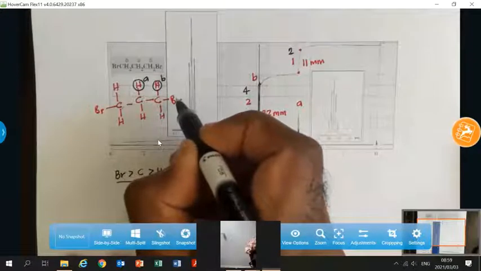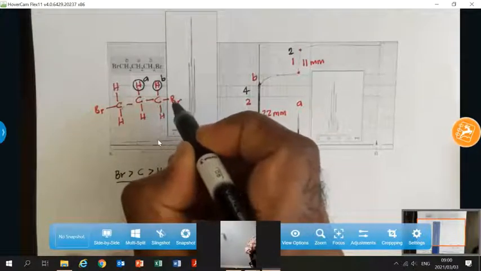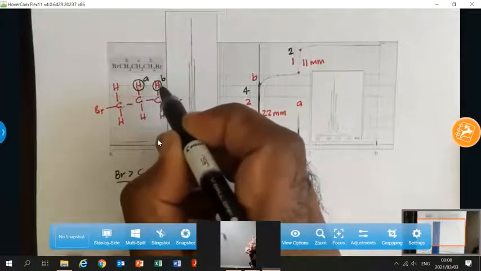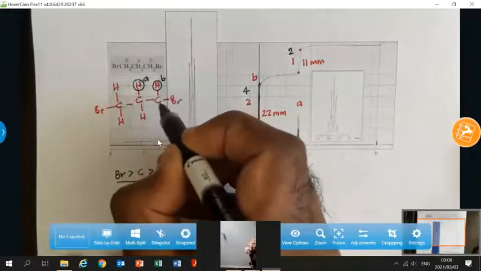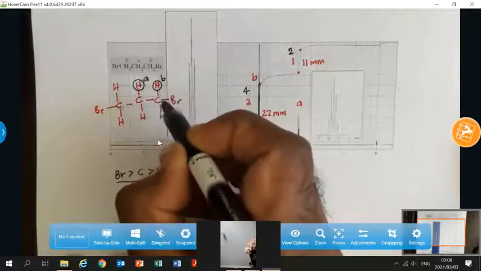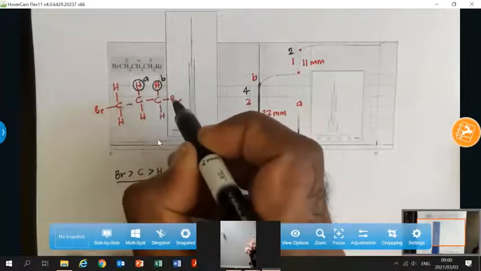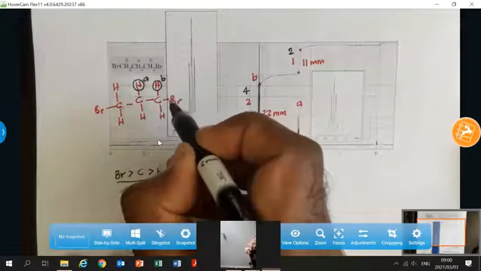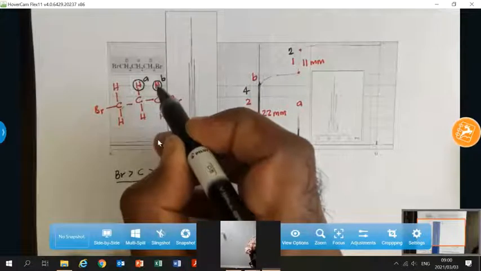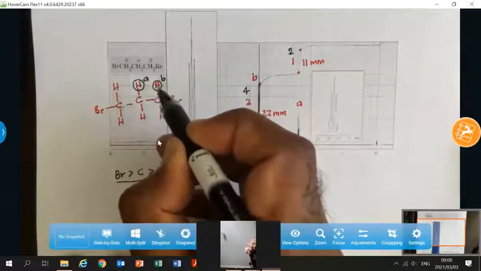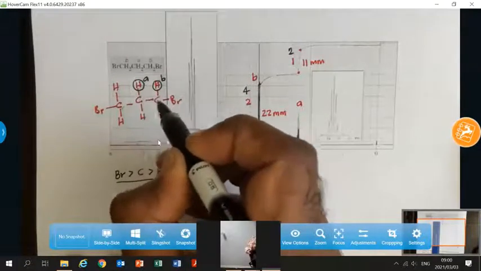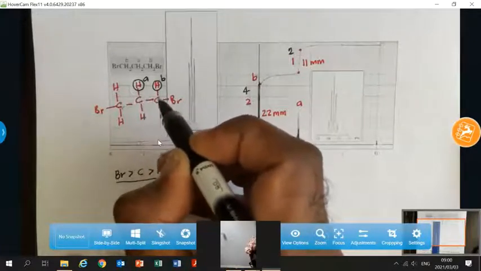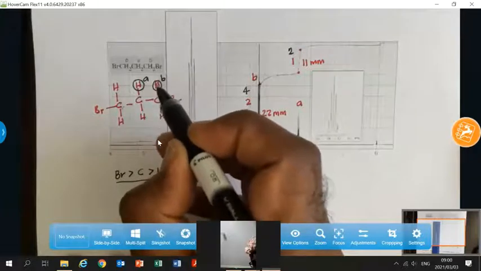Remember that in de-shielding effects, the electronegative atom has a pull on the electrons around this bond here, right? So this proton is embedded in a cloud of electrons, and this bromine atom will pull the electrons toward it. Because it's 2 bonds away, it has a much greater pulling effect on this proton than it does on this proton, which is 3 bonds away. 1, 2, 3 bonds away, right? 1, 2 bonds away, so a greater pulling effect here.